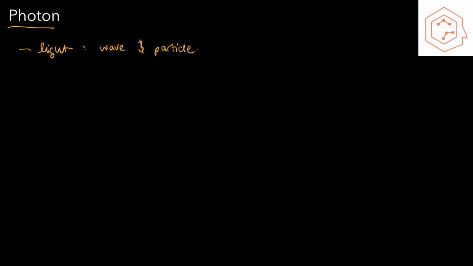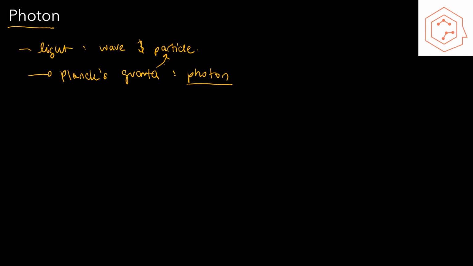And its particle nature came from Planck's quanta. So Planck said that energy was discretized, or it came in packets, and these energy packets, Einstein said, could be thought of as particles with the name of the photon.